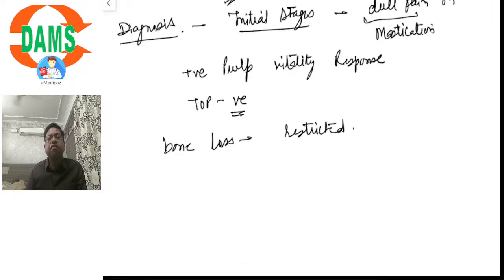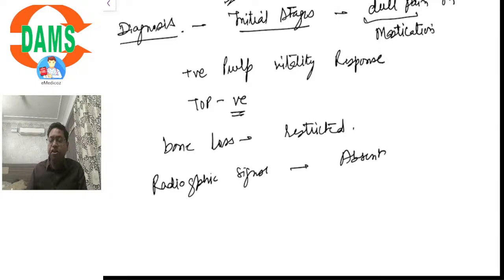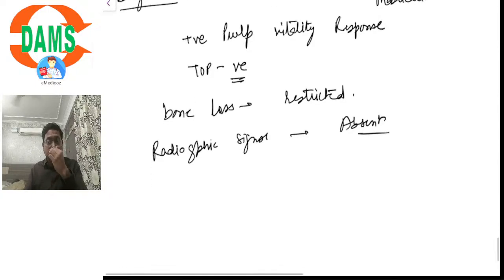So the initial stages of VRF are one of the most challenging clinical situations to diagnose. Radiographic signs are absent. There would be no radiographic change to appreciate on the radiographs that can make one suspect a VRF.